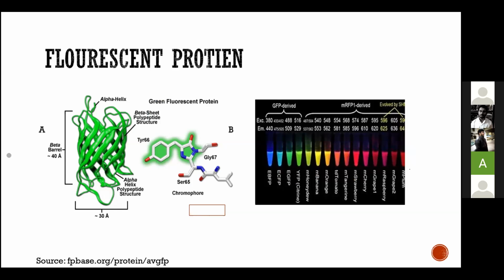Guys, I need a response. So the part which is demarcated as alpha helix was cut from a particular position. And the alpha helix from the bottom, where you can see the alpha helix polypeptide structure is written.